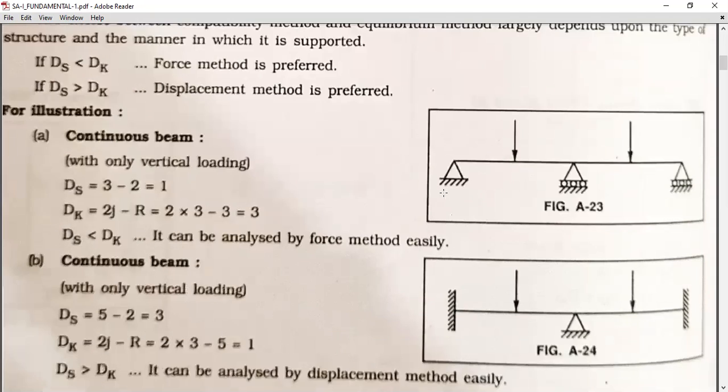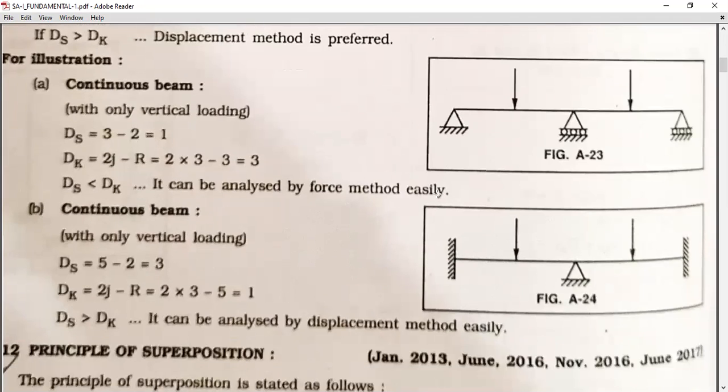The second example is a continuous beam with only vertical loading, in which there are two supports having fixity and one support in the middle that is simply supported.